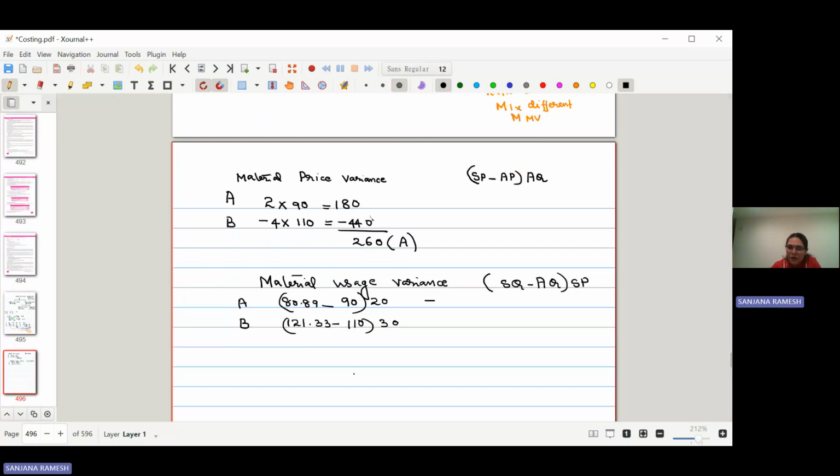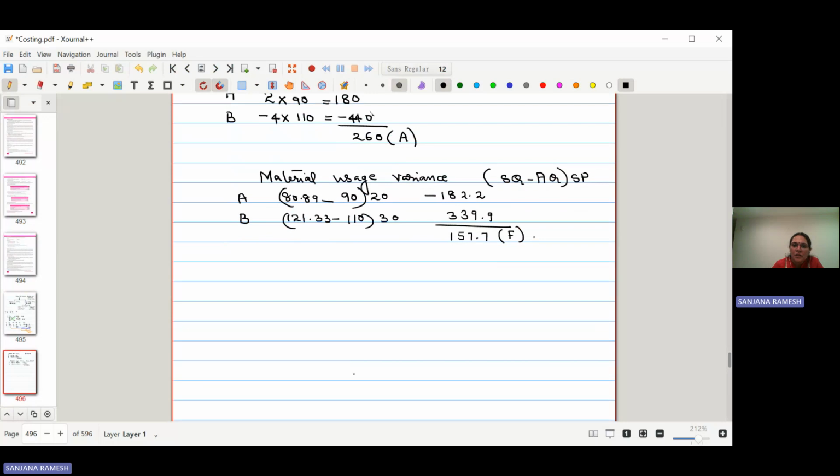It is minus 182.2. This one, 121.33 minus 110 into 30 is 339.9. So when you do the calculation, it will be coming as 157.7. This is plus, means it is favorable condition.